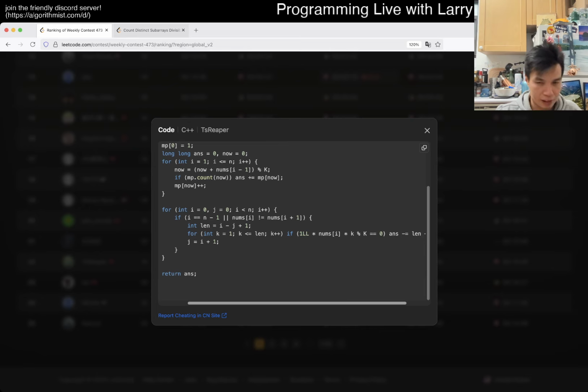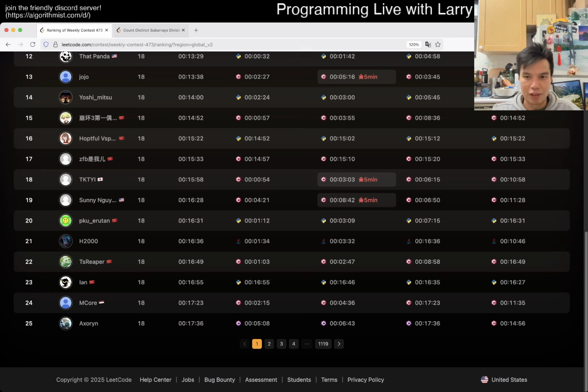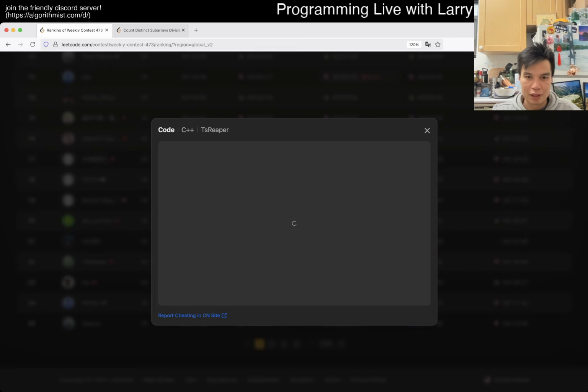So actually, this is not the sieve idea. This is the idea that basically you have to count. Yeah, okay, I see. So this is linear. Okay, I'm a little bit wrong on this one. I want to remember this idea though.